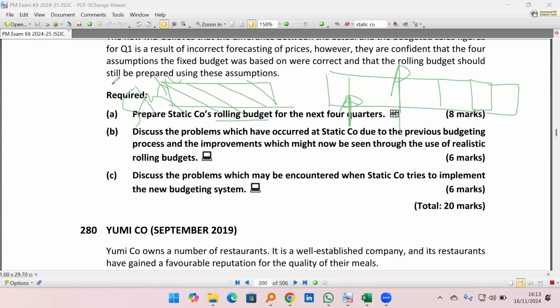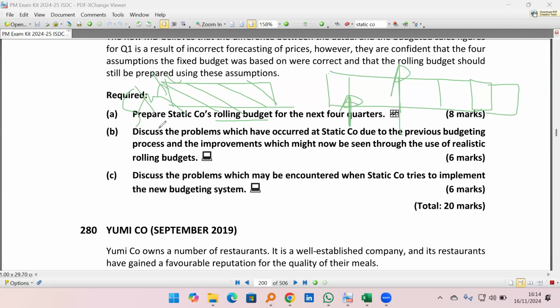The reason why it is better than the static budget, we shall discuss later, but you can see the obvious advantage: by rolling the budget, I am always looking at what has happened to my assumptions for the first period, and then utilizing that to come up with how to best improve the other quarters that are coming.